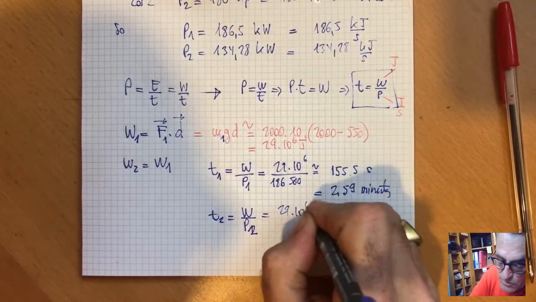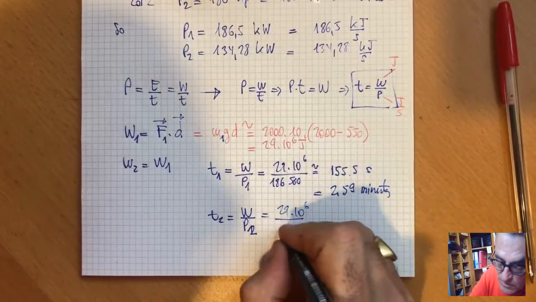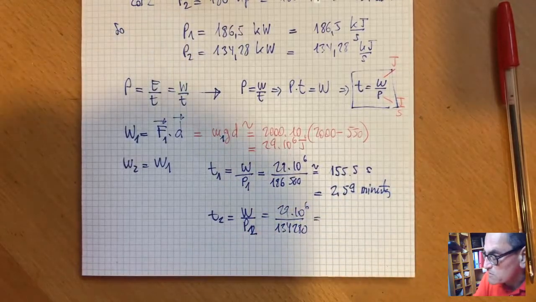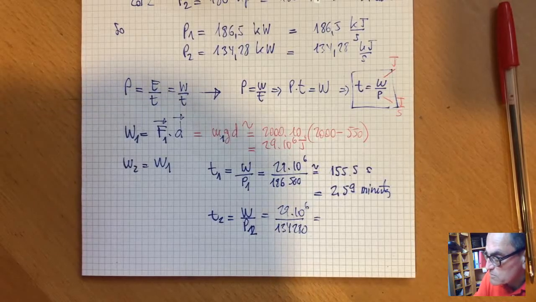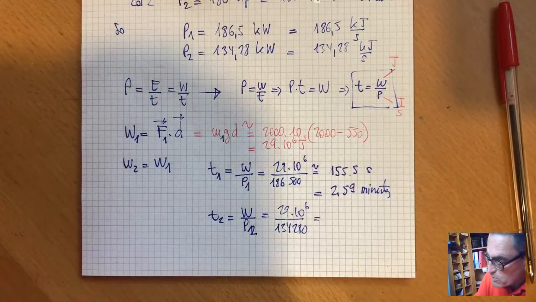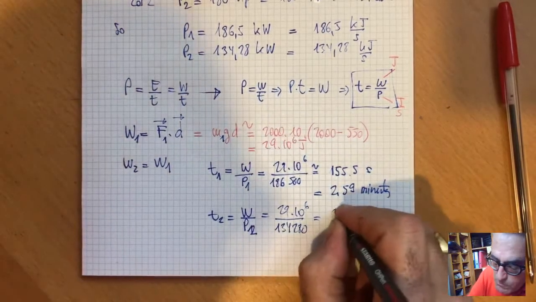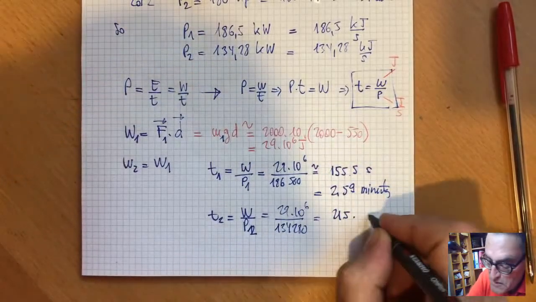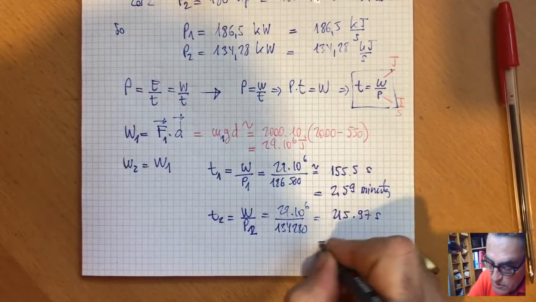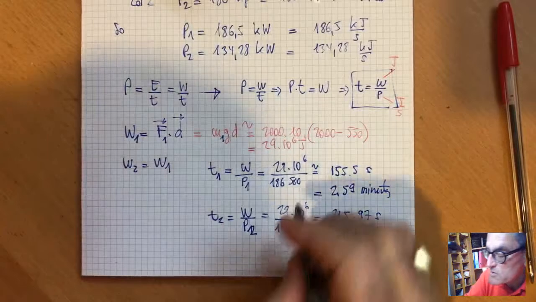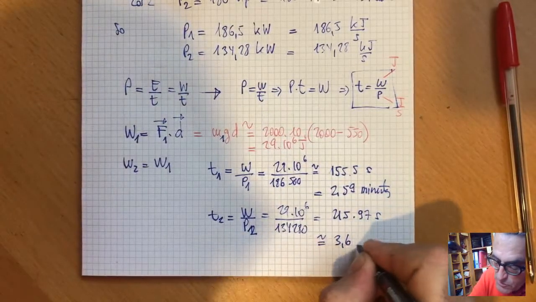So it's the same work, 29 times 10 to the 6 divided by 134,280, and this gives us 215.97 seconds. If I divide by 60, this is approximately 3.6 minutes.